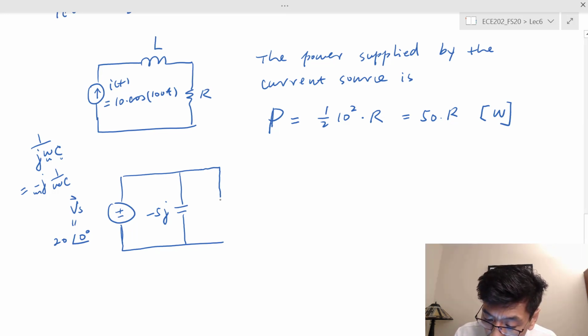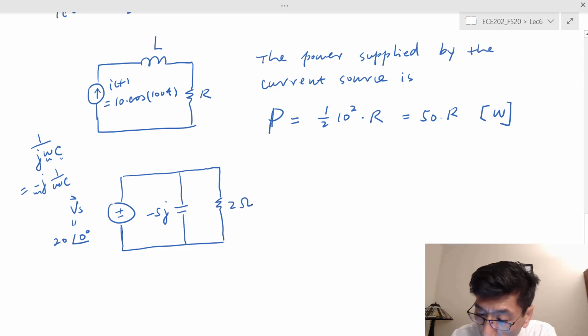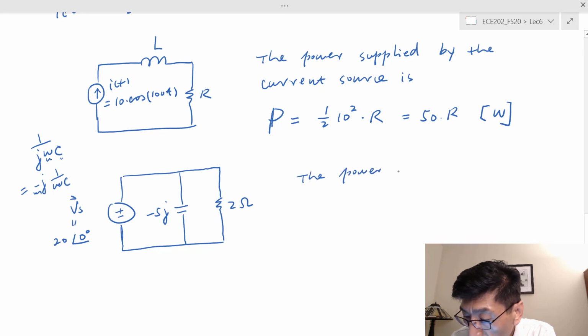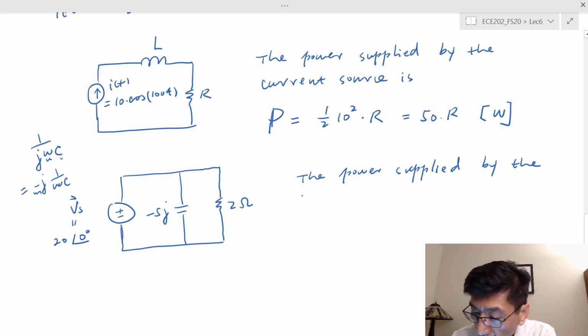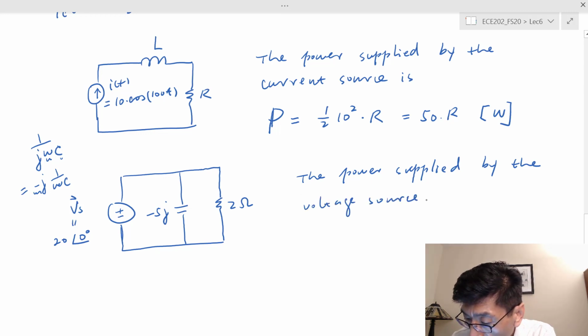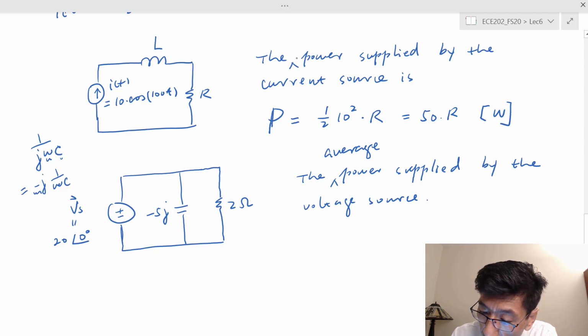I also have a 2 ohm resistance here. Let's find the power supplied by the voltage source, and I'm talking about the average power.